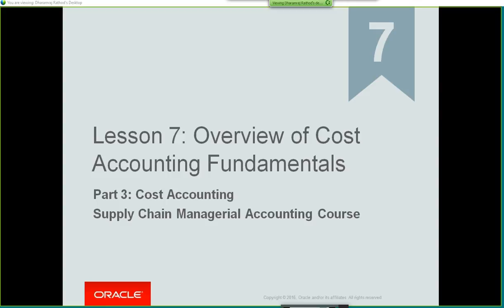So for the next 2 hours or so, I am going to go over majority of the time the setups, how you can do setups and what are the key capabilities and benefits of costing within the Fusion application. We try to get some of the concepts from EBS and we enhance it in Fusion application. So you will see some of the additional benefits which we give you out of Fusion application.